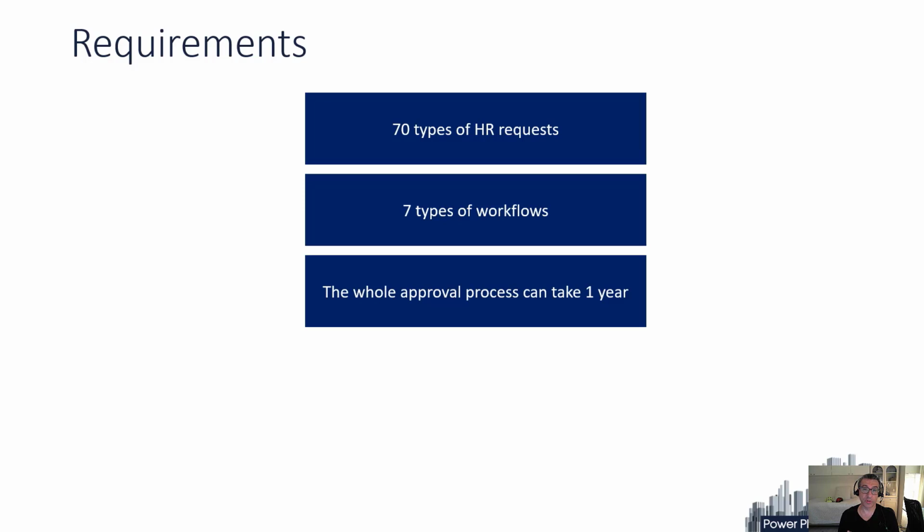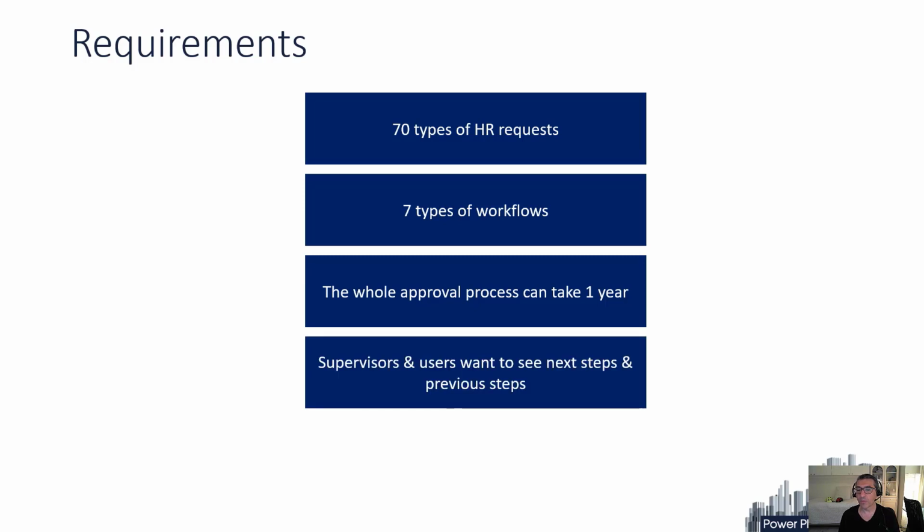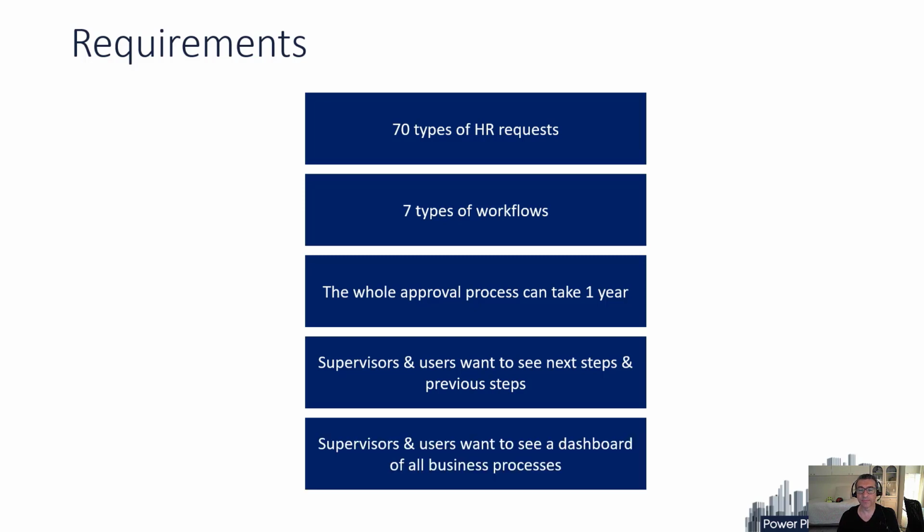The whole approval pipeline can take up to 1 year. Most of the time it's several weeks or several months, but it can take up to 1 year. Supervisors, as well as users, want to see the next step and the previous step, so they want an overview of the whole process while it is running. Supervisors and users also want to see a dashboard of all business processes.